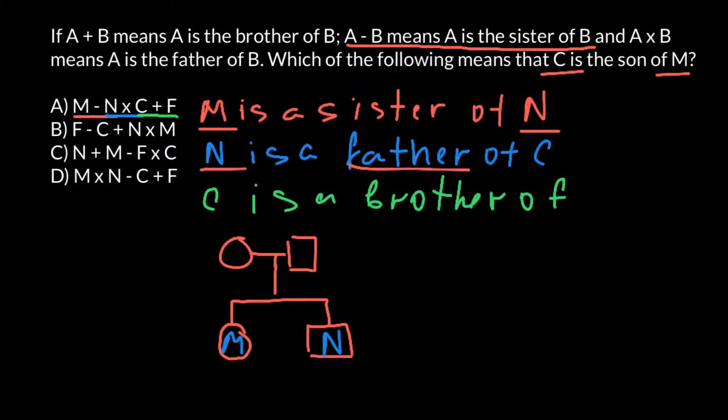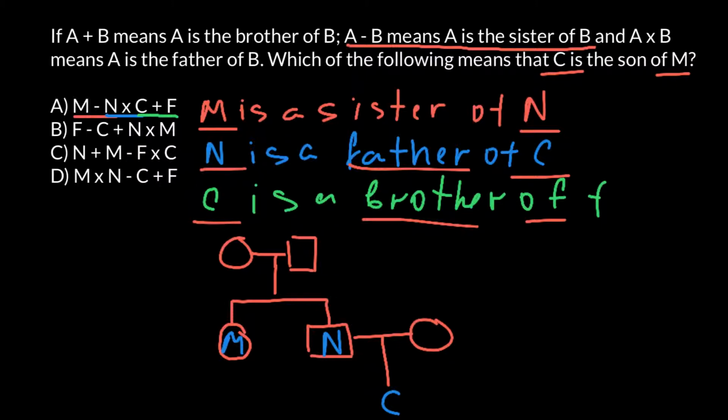N is a father of C. And this means that N has a wife and he is a father of C. And C is a brother of F. Put F here, and C is going to be here.